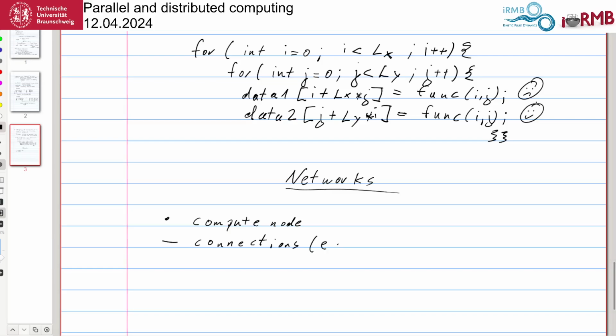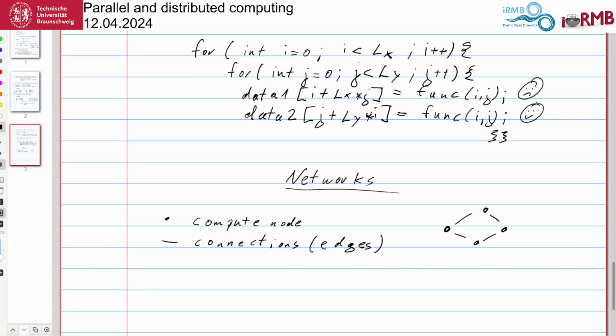So we draw a network like this. There are nodes and they are somehow connected in one way or the other.